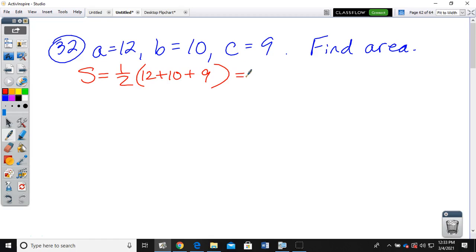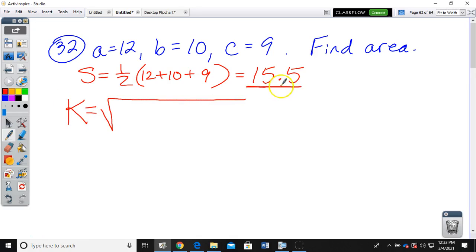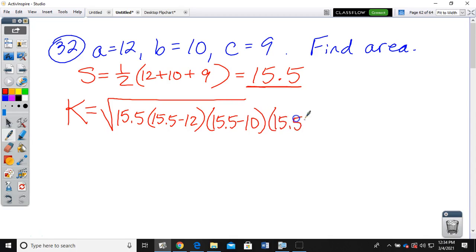That's 22 plus 9. 31 divided by 2 is 15.5. And then you take that number and you can find the area. So the area will be the square root of that number, 15.5, times that number minus all of your sides. Okay, so 15.5 minus 12 times 15.5 minus 10 times 15.5 minus 9.